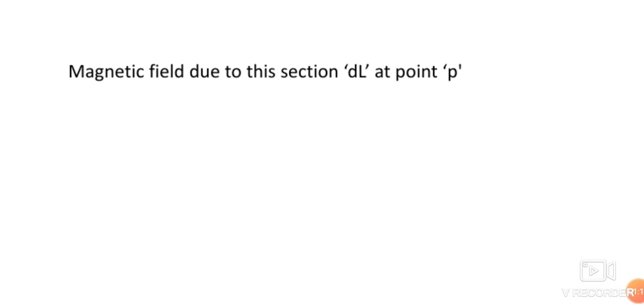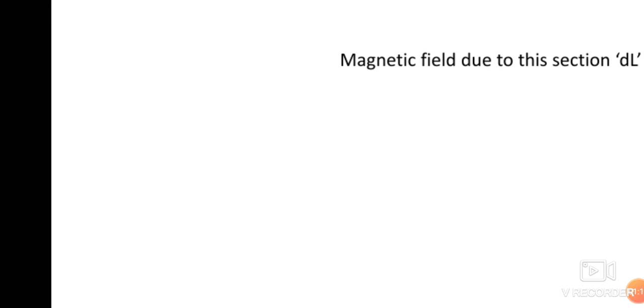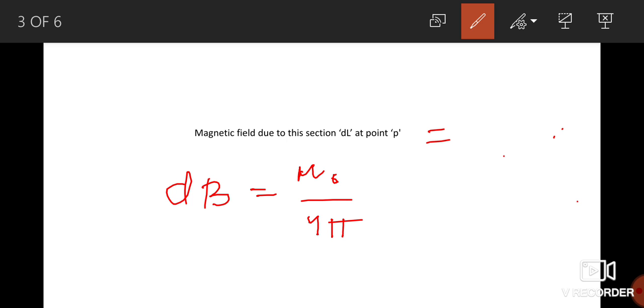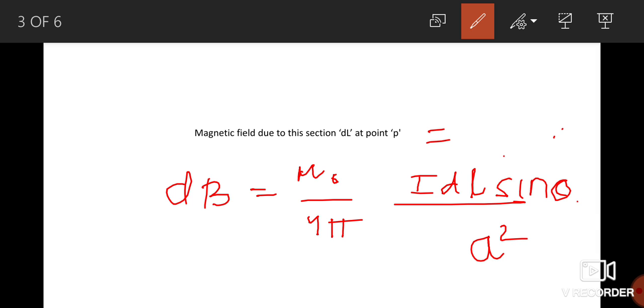Magnetic field due to this section dl at point P be equal to dB, then dB equals mu 0 by 4 pi times I dl sin theta by r square.